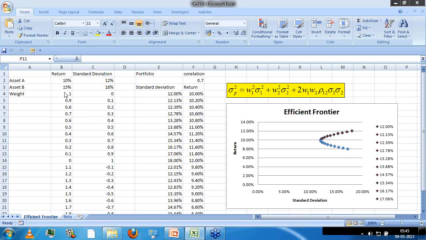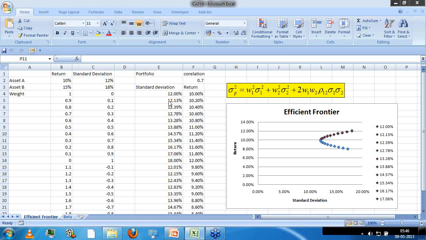So 1 here means that 100% of your investment of $1 million is going into asset A. And if I have written 0.9, then it means that 90% of your investment, that is $900,000, is going into asset A, and 10% of your investment, that is $100,000, is going into asset B.